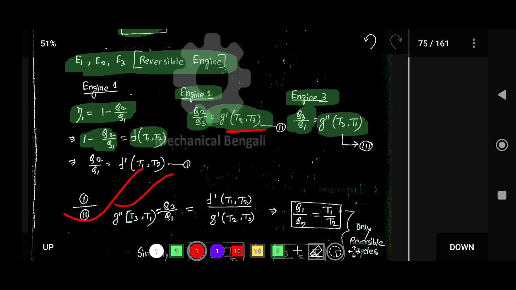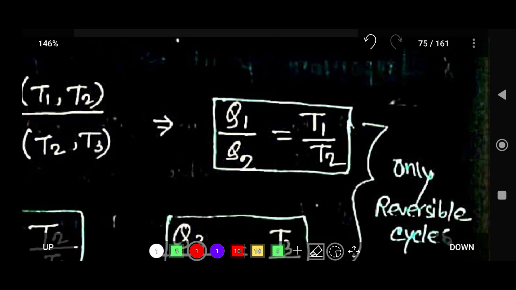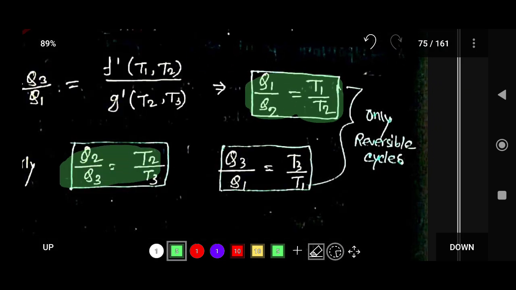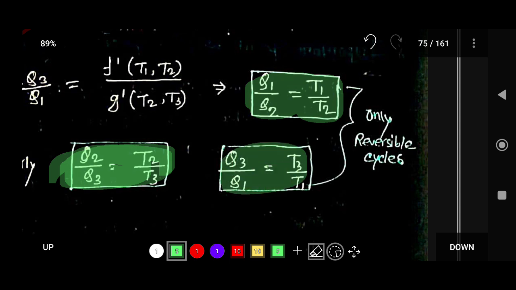From here you can prove that Q1 by Q2 is basically T1 by T2. And this also proves that Q2 by Q3 is equal to T2 by T3, and Q3 by Q1 is equal to T3 by T1, when only a reversible engine or cycle is there.